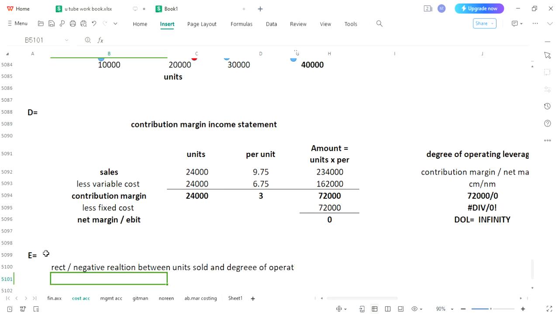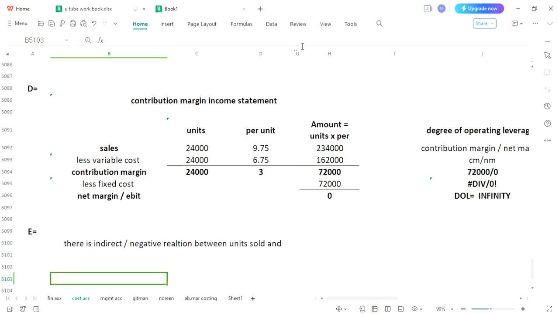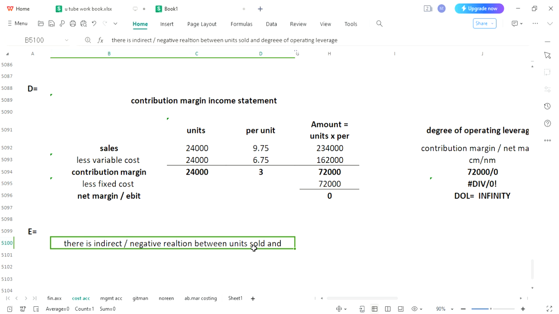So the principle has been described that there is an indirect relationship between number of units sold and degree of operating leverage. There is indirect or negative relation between units sold and degree of operating leverage.